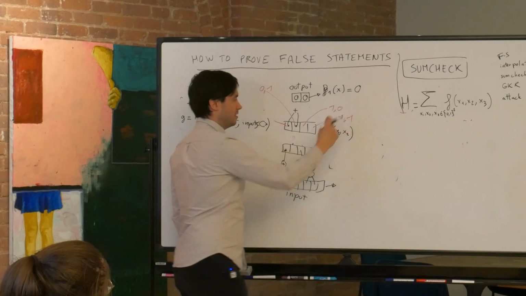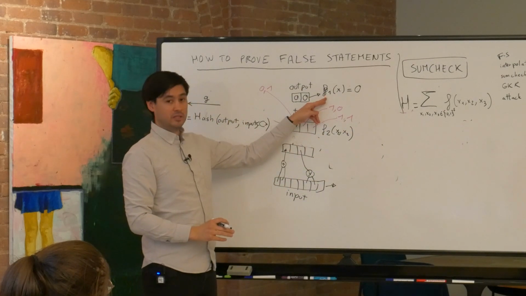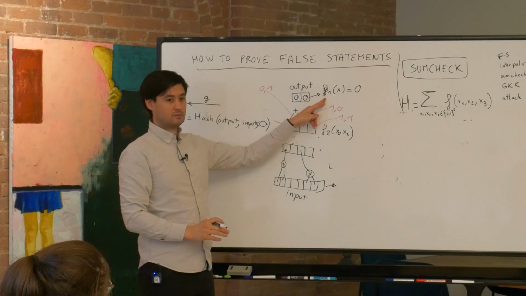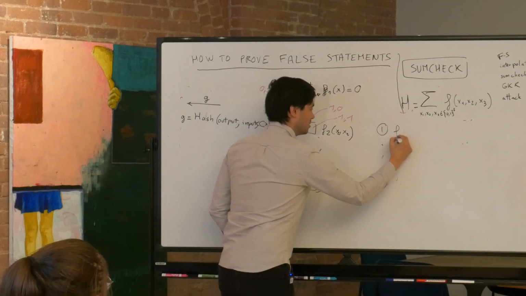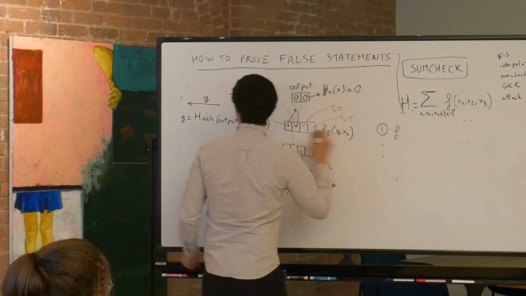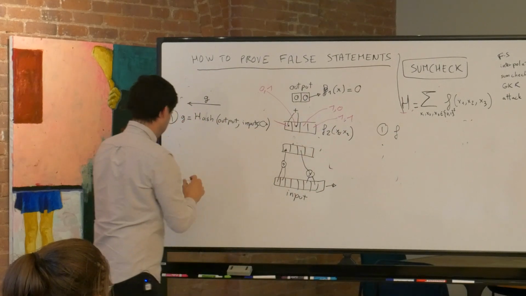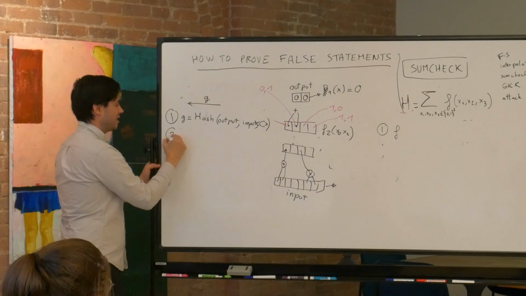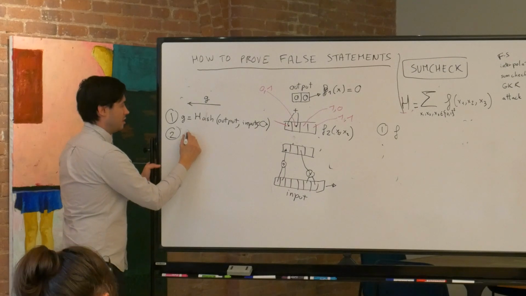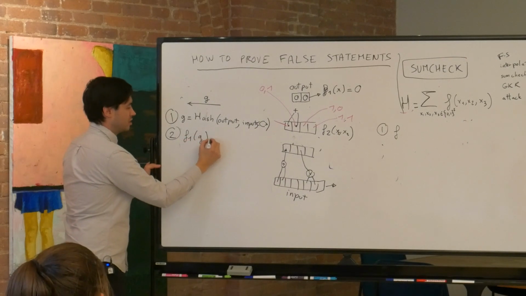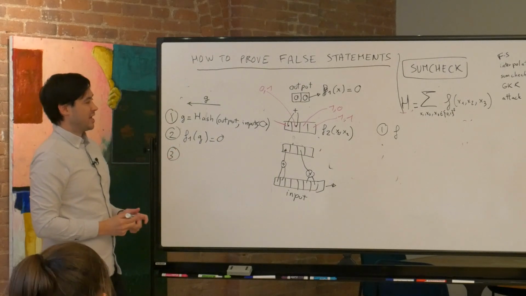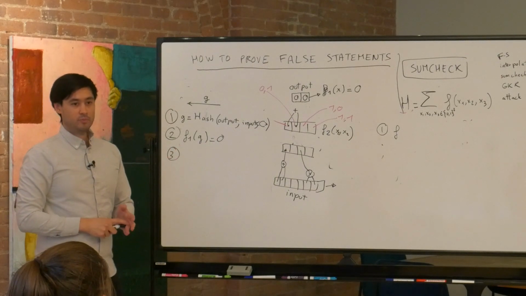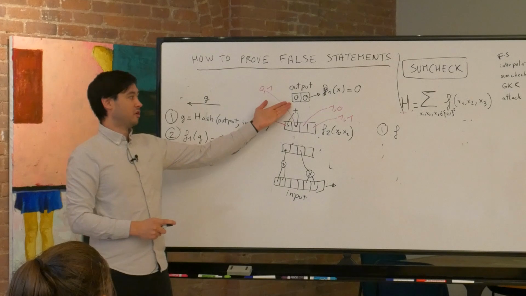Remember, as the verifier, you're going to evaluate that at G. So the first thing that happens is we produce G, and then we compute f1 of G, which is going to be equal to 0. I told you that in this attack we produce a different output, but this is what the verifier thinks that we produce.